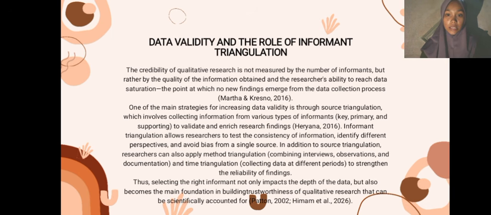Thus, selecting the right informant not only impacts the depth of the data, but also becomes the main foundation in building the trustworthiness of qualitative research that can be scientifically accounted for (Patton et al.).